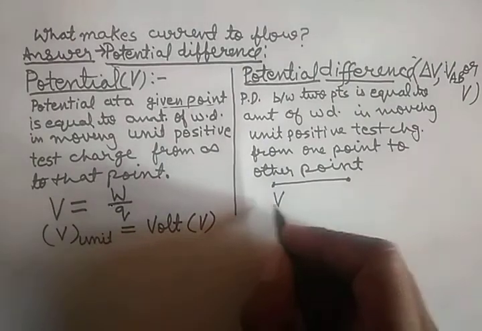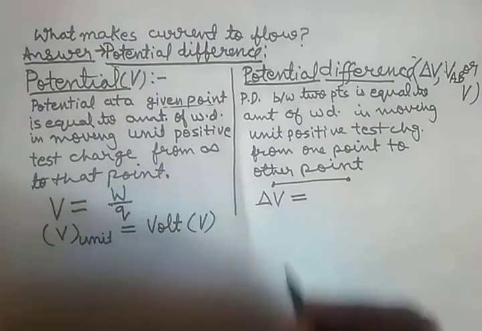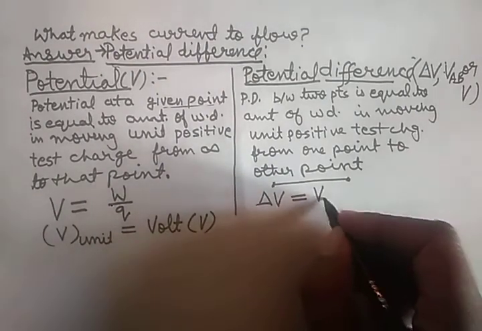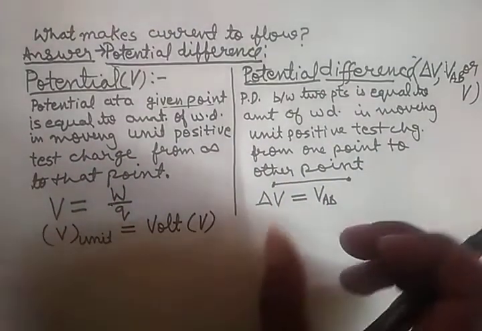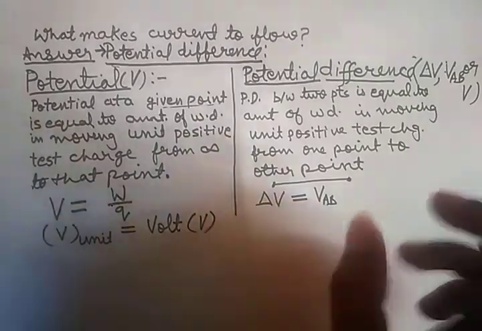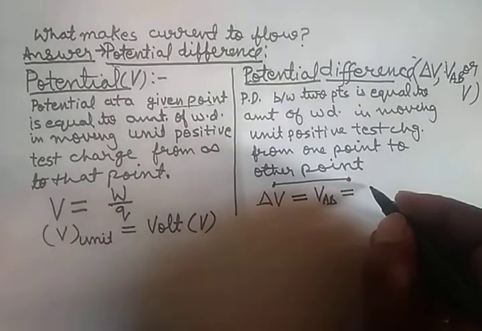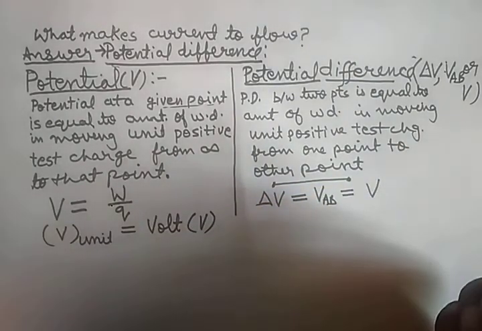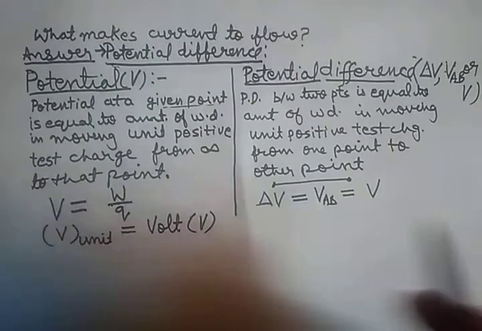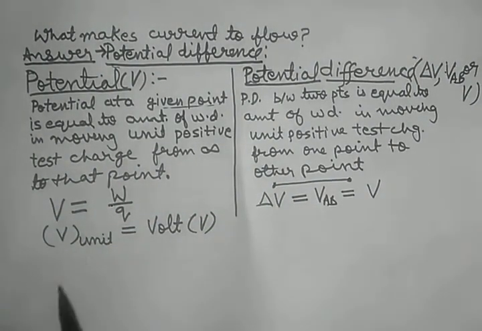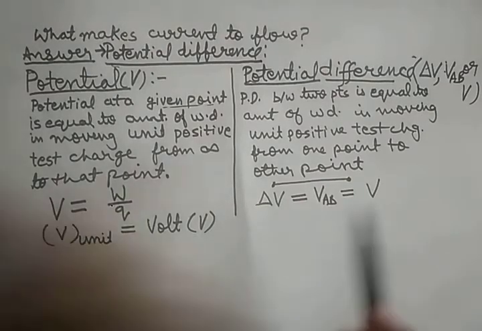The formula is simply, we will write it as delta V, or VAB. Why? Because we are obtaining it by subtracting two potentials. Or simply we can say it is V. In general, we will use the term V, so there can be confusion between the two, but they will never ask you to find potential and potential difference together.